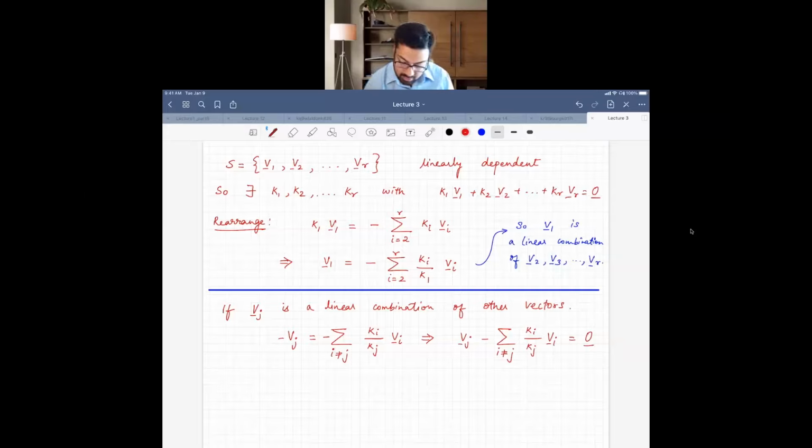Now let the scalar k sub j be negative 1. If you pick k sub j to be negative 1, what do you get? The vj coefficient is going to go to negative 1, so you get plus summation, i not equal to j, ki divided by kj, vi equals the 0 vector.